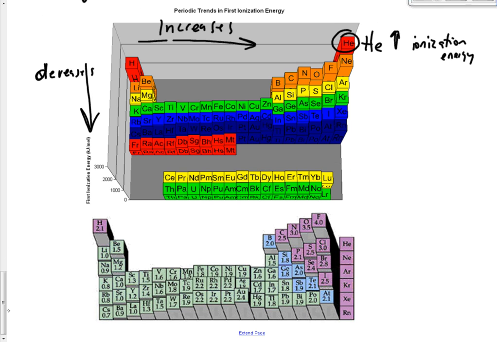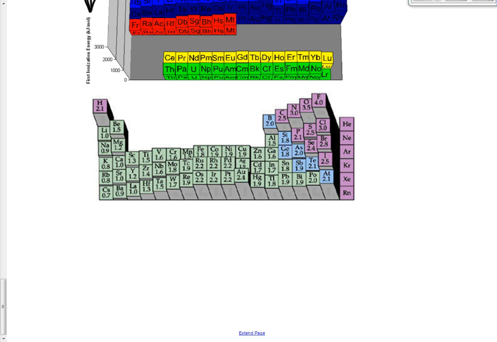Okay, let's move on down. The last one is electronegativity.